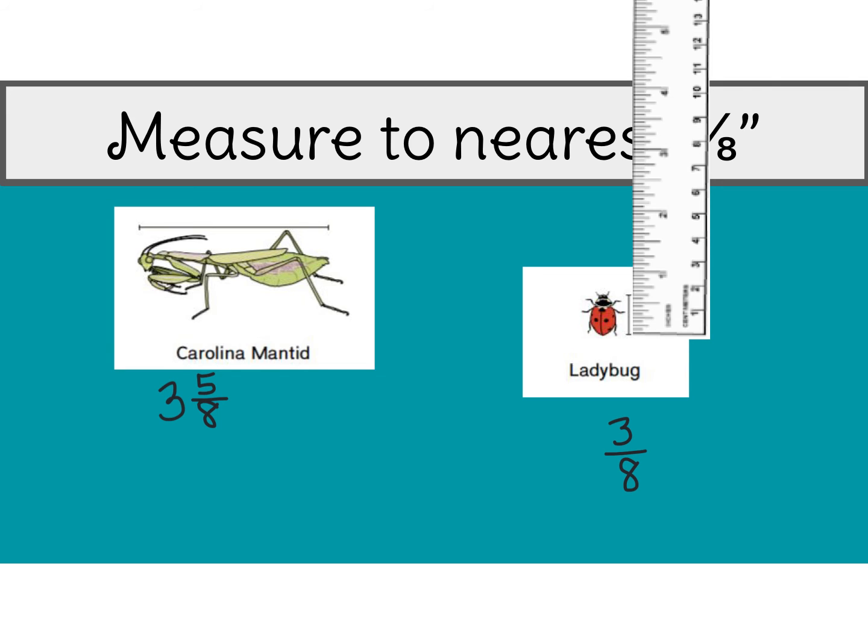So as I took a look at the ruler here, I noticed that my 1/2 mark is right here, this large one, and that's equivalent to 4/8. And if we move to the next eighth, that is going to be 5/8. And I actually wrote the wrong one. Let's look at that again here.